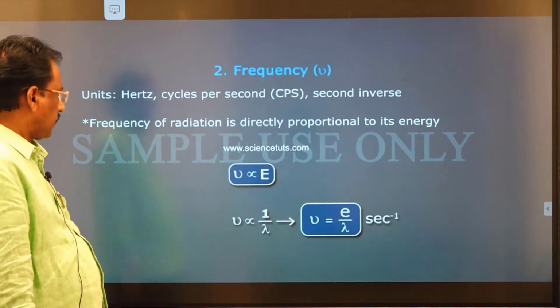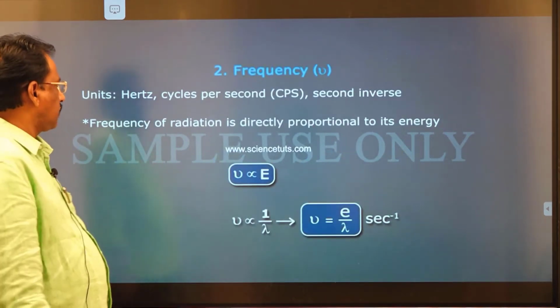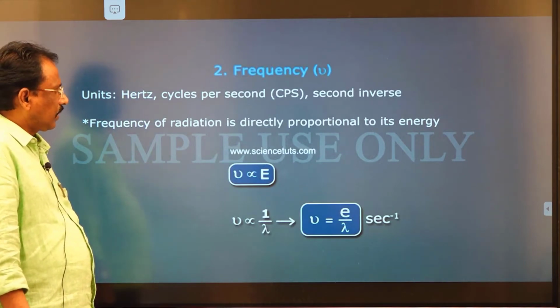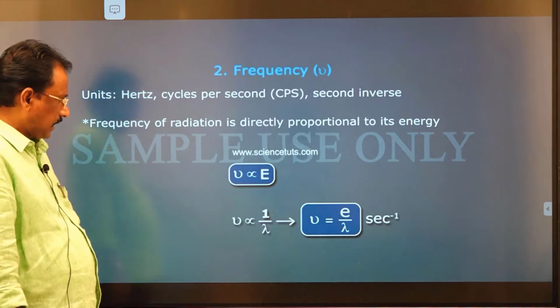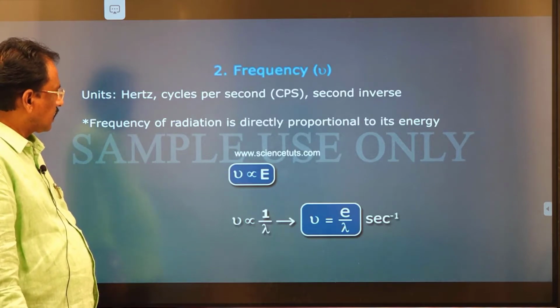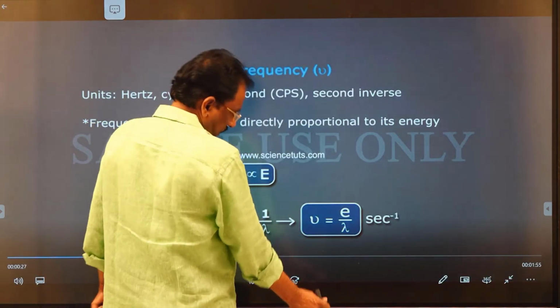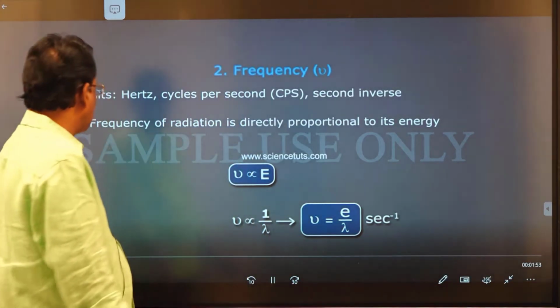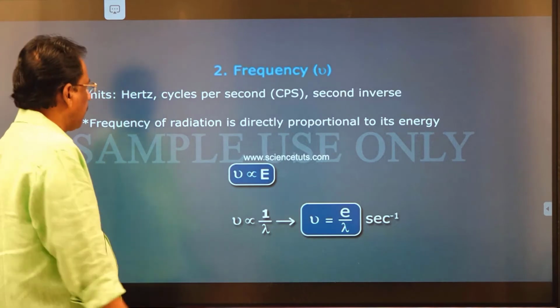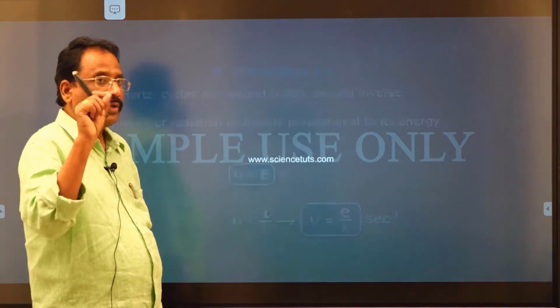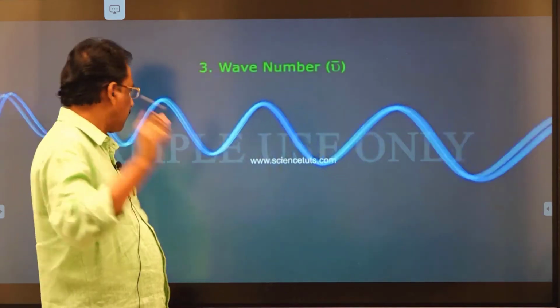The next one is wave number. The third characteristic property of one of the types of electromagnetic radiation is wave number, and the wave number is defined as the number of wavelengths per unit length.